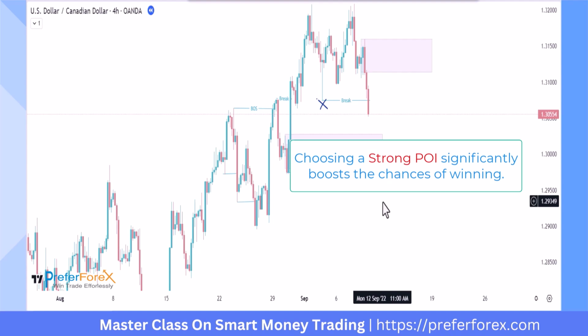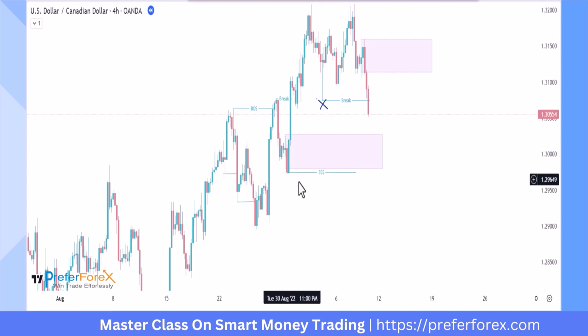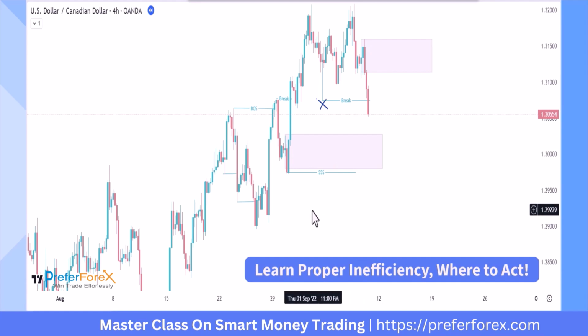It needs liquidity transactions and proper inefficiency. Then the POI zone requires a liquidity point as fuel, which will attract the price to test this specific POI. Finding out the proper inefficiency is equally significant. It is important to identify inefficiency accurately.